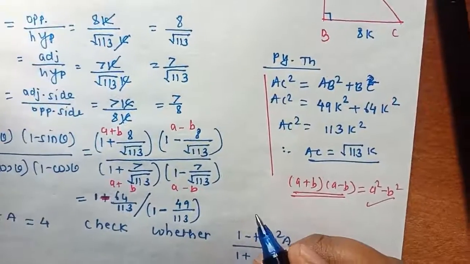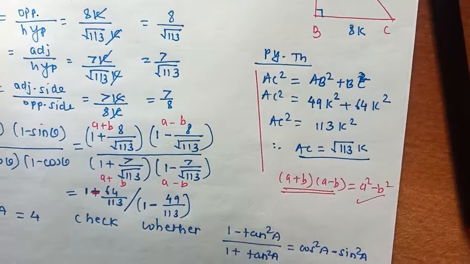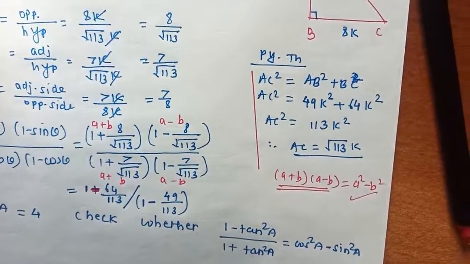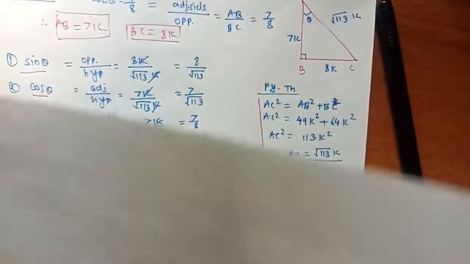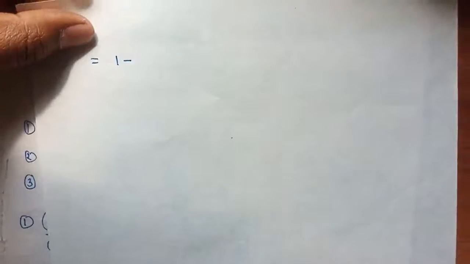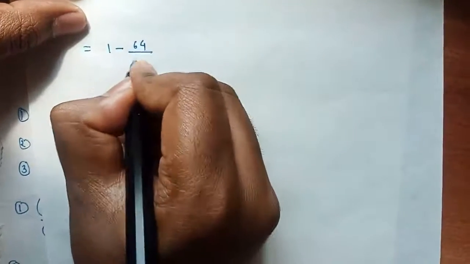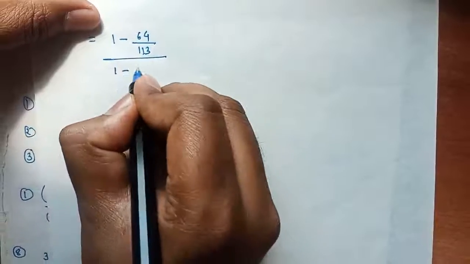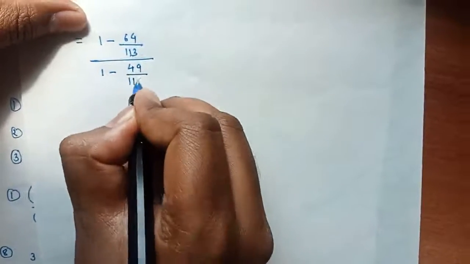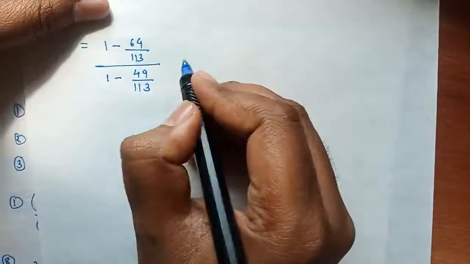Now the space is not enough for us, so I will solve this sum here. What I got is 1 minus 64 upon 113 divided by 1 minus 49 upon 113.